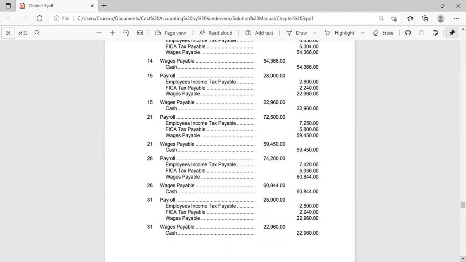Then we have the next entry for the 28th, and then the payment.